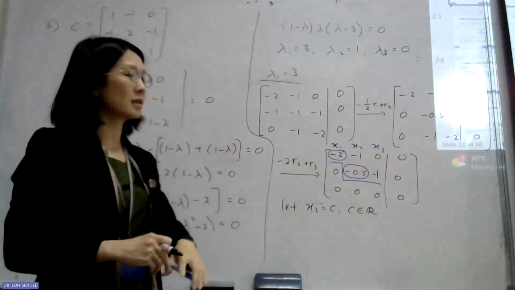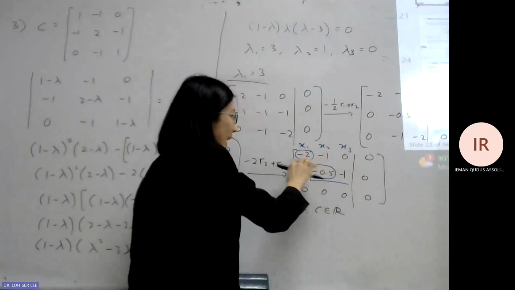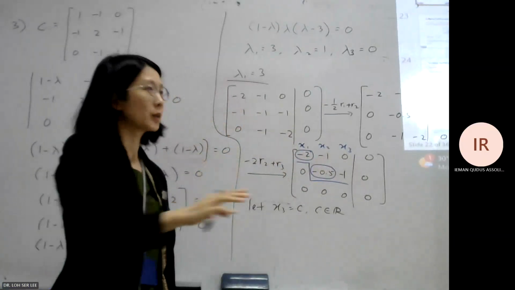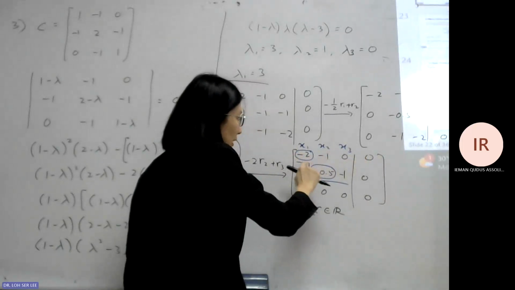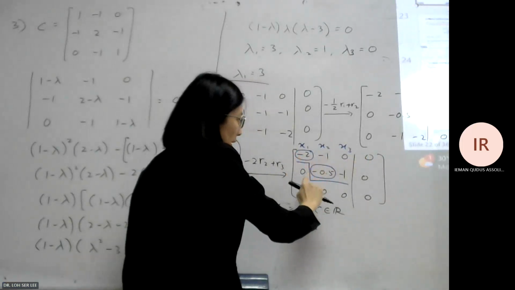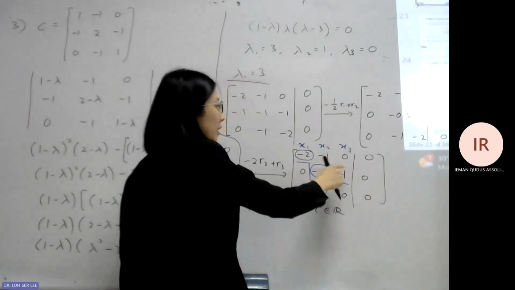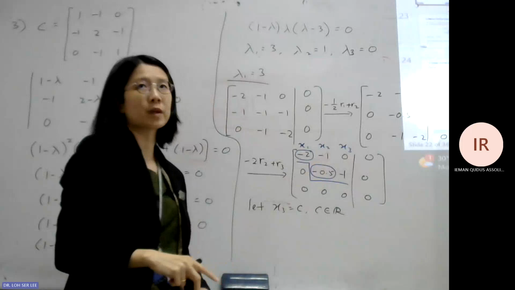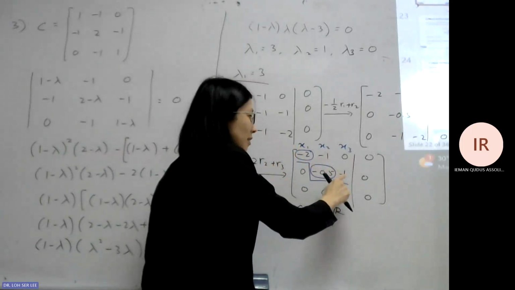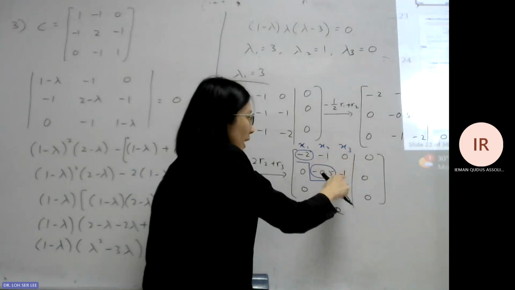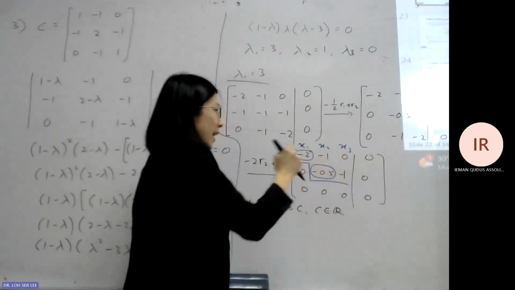And how do we know that it's a pivot? The pivot must sit right on the horizontal line. At the first row, this is the only one that sits on it, so this is the pivot. Here, these two sit on this horizontal line, so either one. Normally we choose the first one to be the pivot. So if this is the pivot, this is not a pivot. X3 has no pivot. X2 has a pivot. X1 has a pivot.